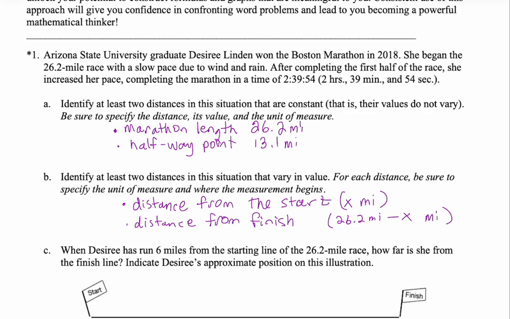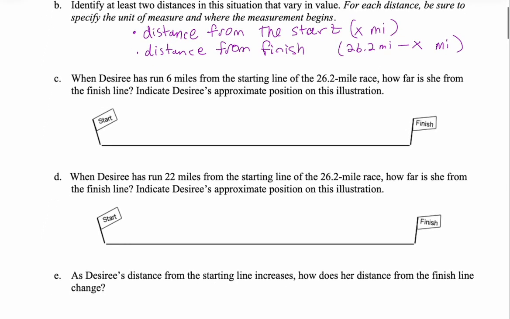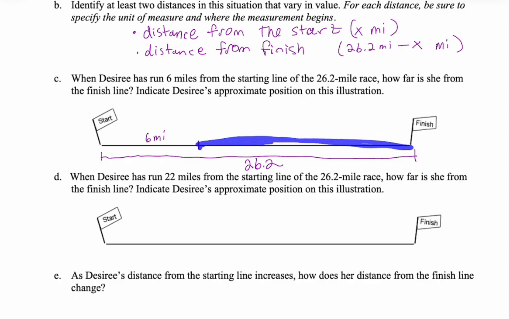Now it says, when Desiree has run 6 miles from the starting line of the 26.2 mile race, how far is she from the finish line? So if we think of this as being 6, this total distance here is 26.2. So how do we find Desiree's position?